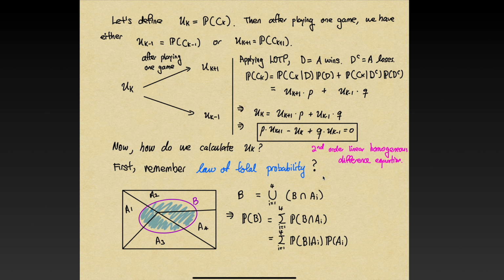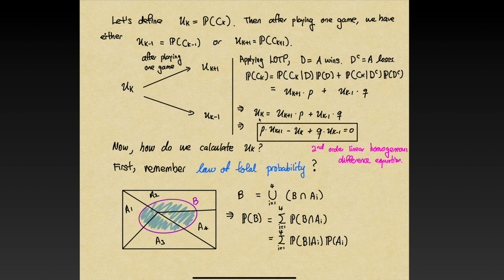Using the law of total probability, we have the probability of C of k is equal to the probability of C of k given D happening times the probability of D, plus C of k given D complement times the probability of D complement. The probability of D, meaning the probability of player A winning, is given by p, and D complement is given by 1 minus p, which is equal to q.